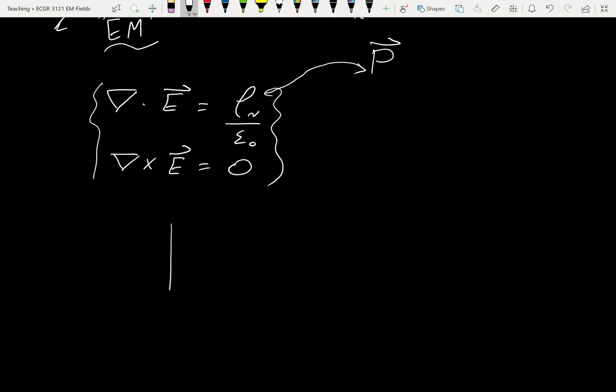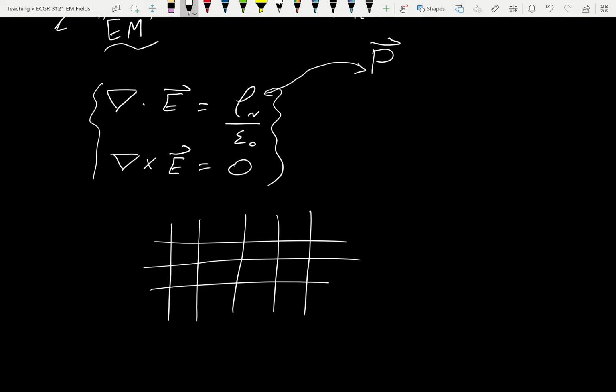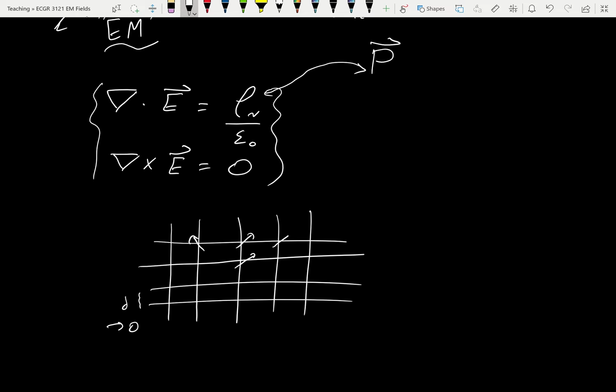So for example, if I have some material, and this is the grid that I drew to approximate the dipoles, right? So d approaches 0. And every point in space, there's a dipole, right? So the idea is when the electric field is applied, all the dipoles will rearrange themselves so that they're in the direction of the electric field, right?